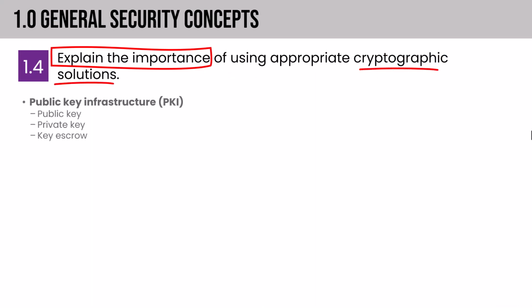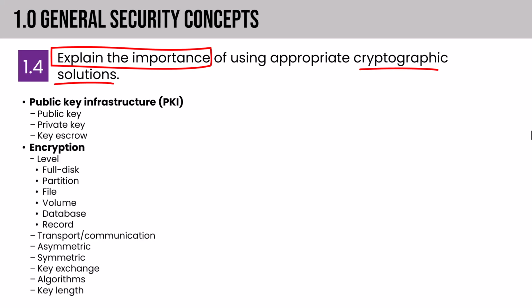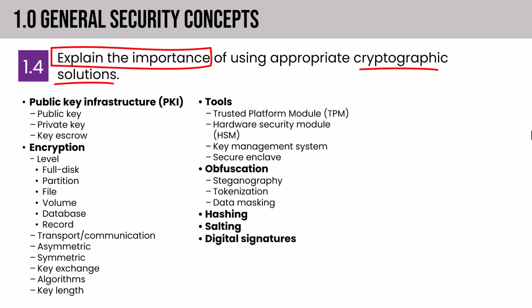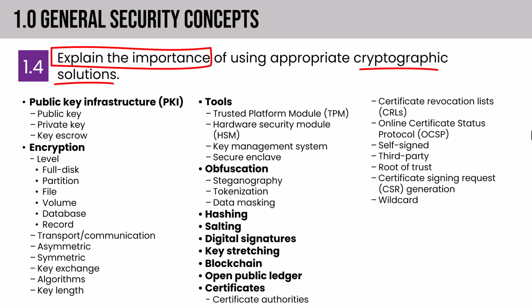We're going to cover public key infrastructure, or PKI, a variety of encryption mechanisms, both types of encryption and scope of encryption, encryption-related tools, obfuscation techniques, a number of encryption concepts including hashing, salting, digital signatures, key stretching, blockchain, and open public ledger. And finally, a number of certificate types.